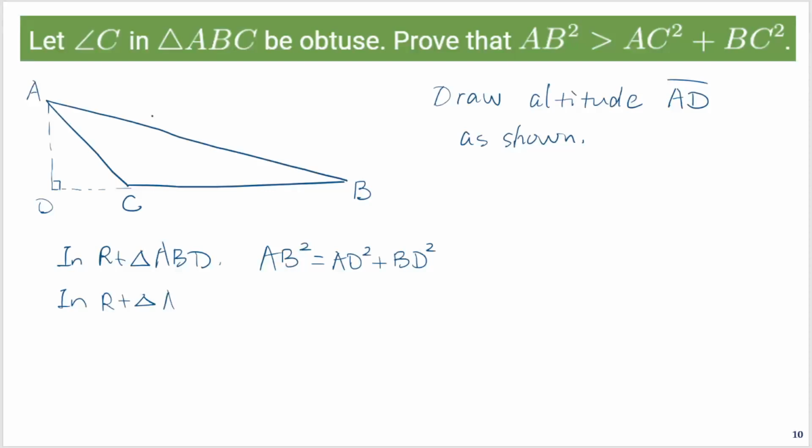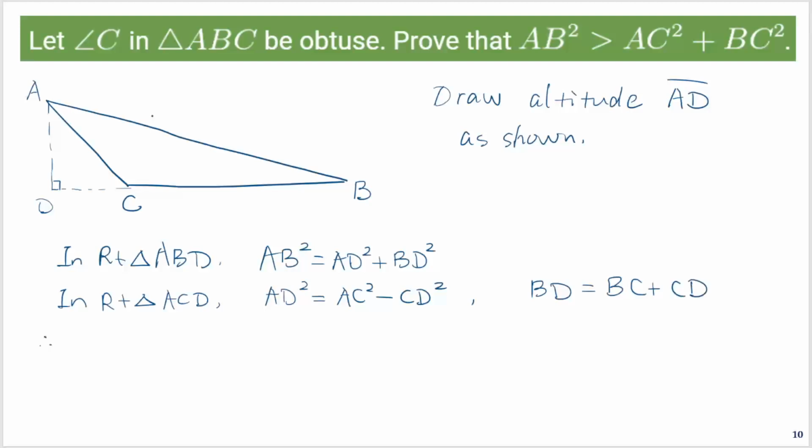In right triangle ACD, we have AD squared equals AC squared minus CD squared, right? And also we have BD equals BC plus CD.